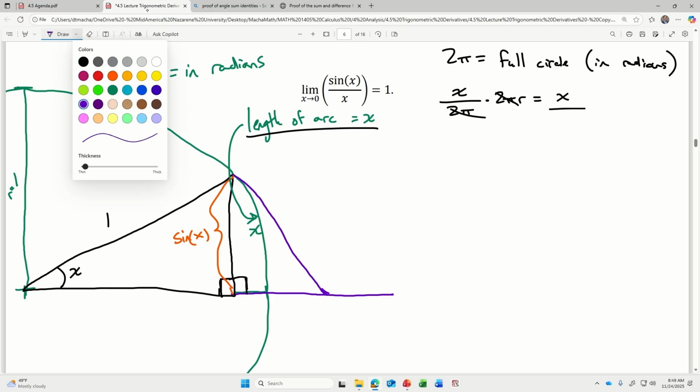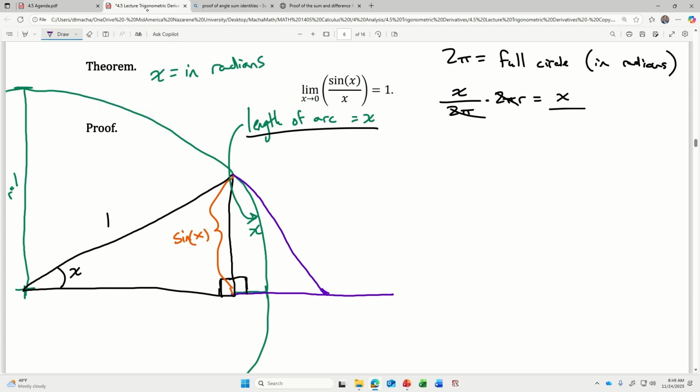The last thing is, what is this purple length? That would be its own kind of right triangle here, where this is a right angle.